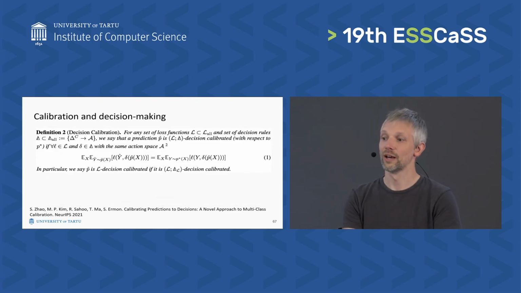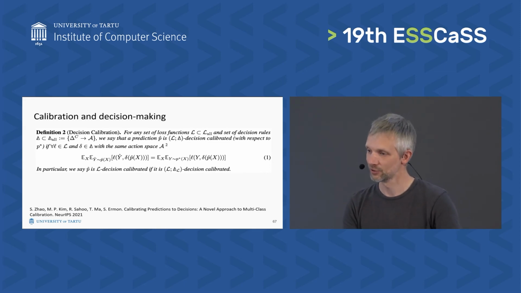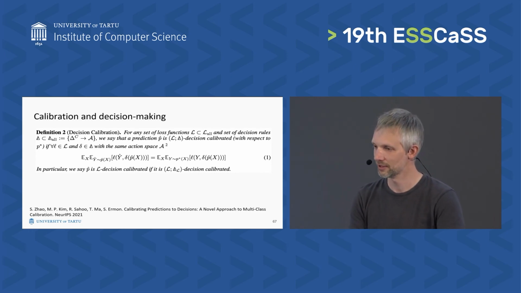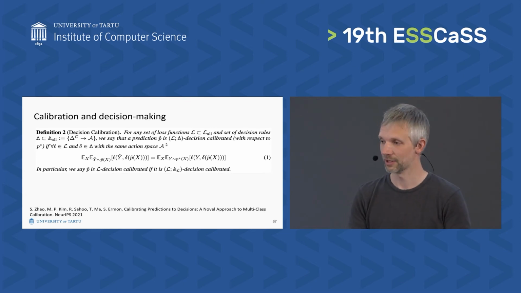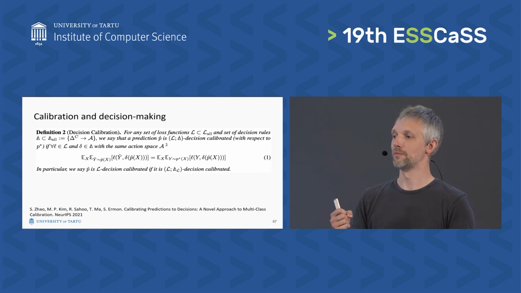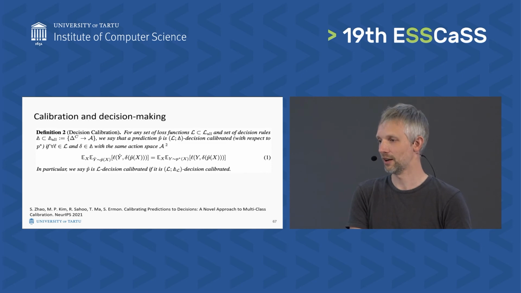Now what the paper defined was decision calibration, which is another definition of being calibrated, but it's typically weaker than distribution calibration. So instead of requiring that all the probability vectors are calibrated, we require that the actions we take, if we take them optimally, are not affected by us not perfectly predicting everything.